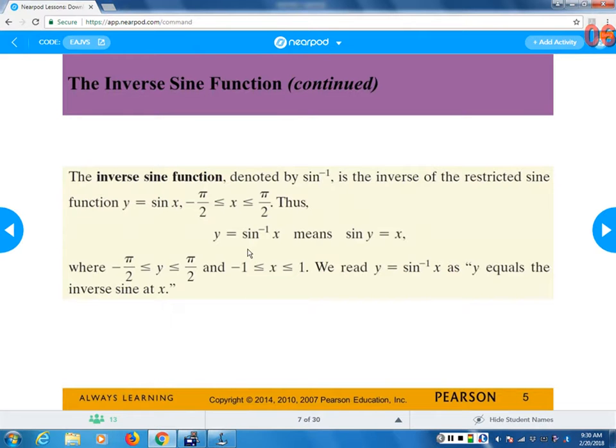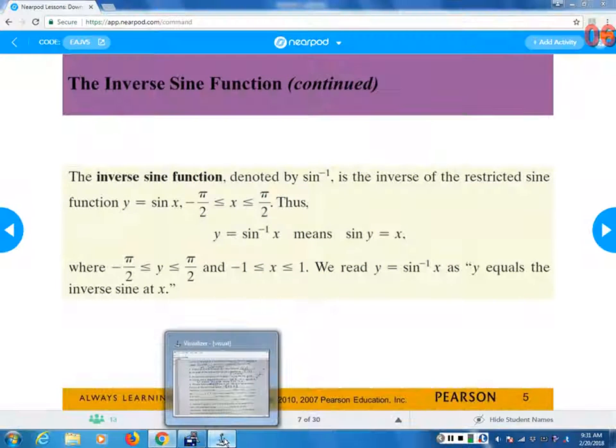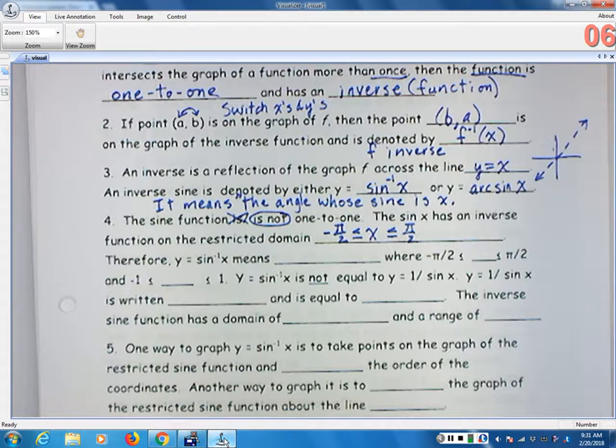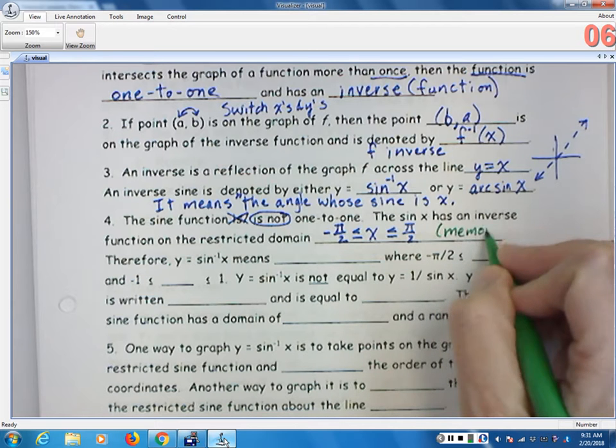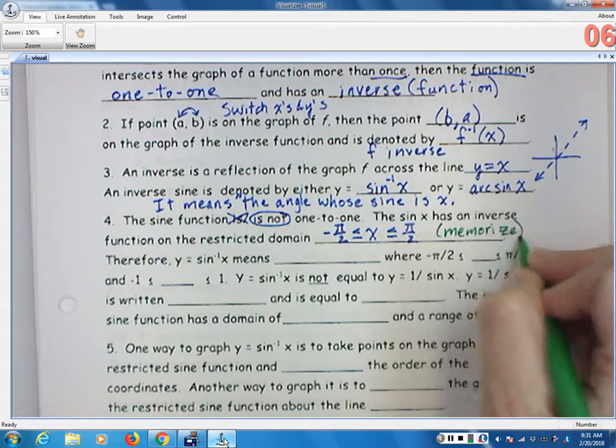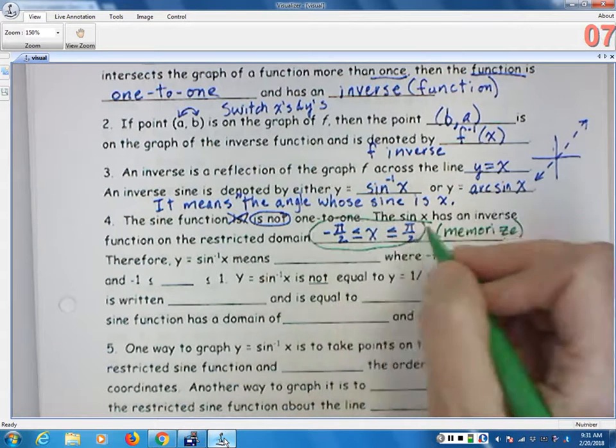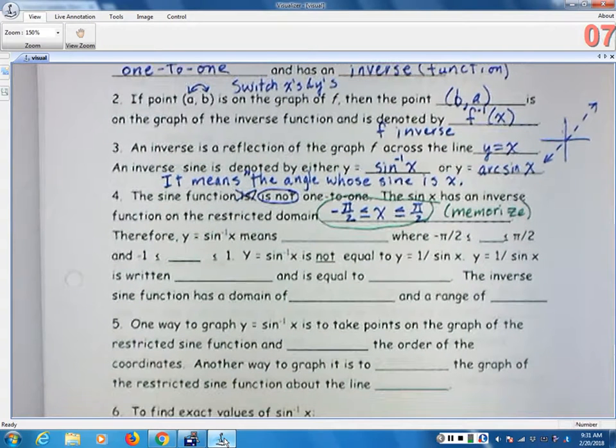So y equals inverse sine of x means sine of y equals x. Okay, I'll continue writing. So you have to memorize this. You have to know what those restricted domains are.